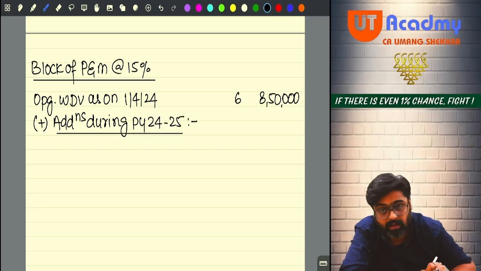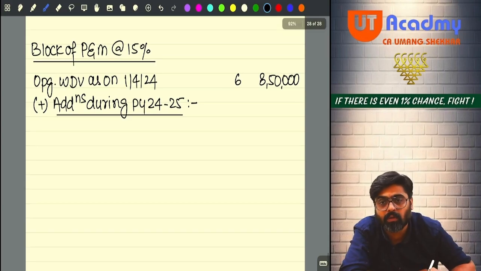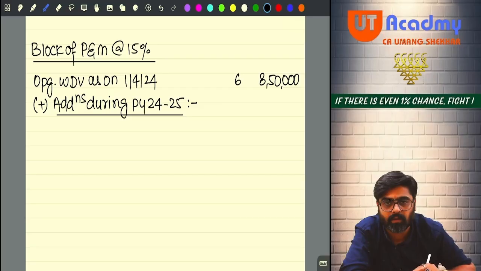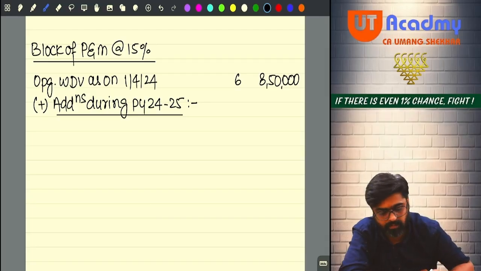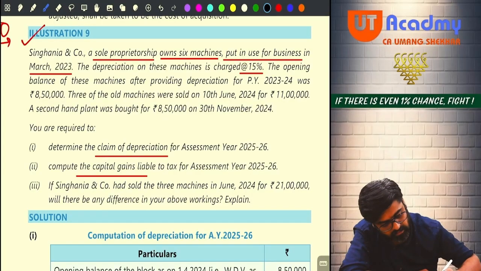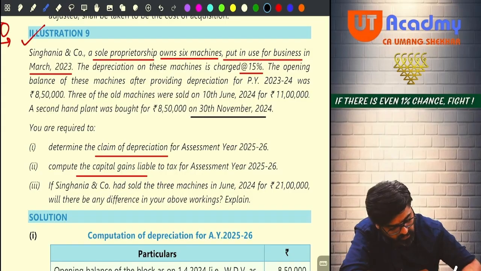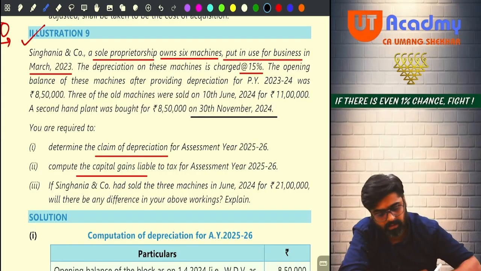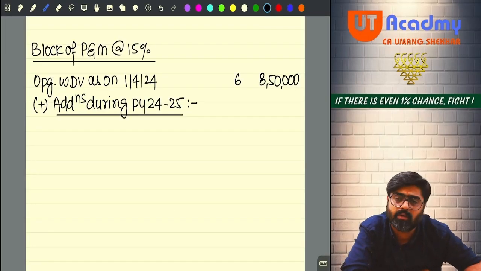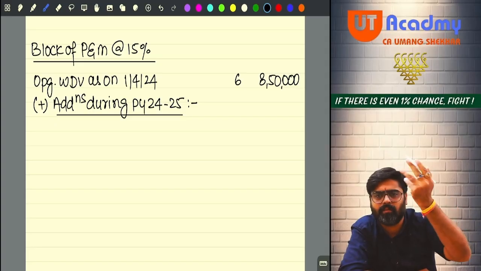Yes, second hand plant and machinery is bought. When is it bought, before or after my birthday? The date of purchase is 30th November 2024, meaning after my birthday. Second hand is there. The addition is happening in the block.